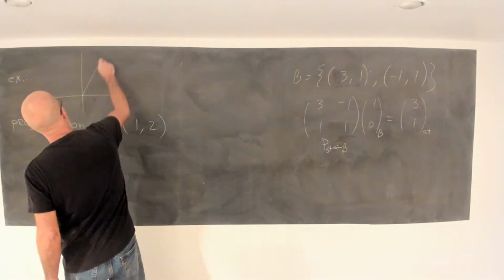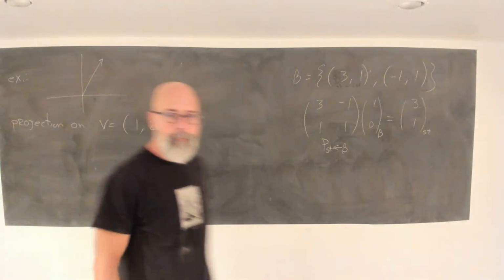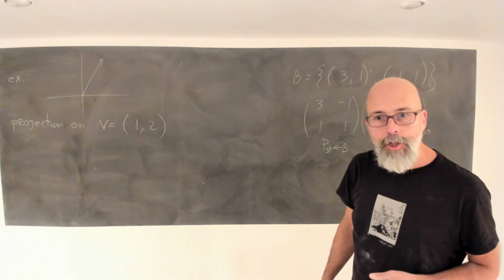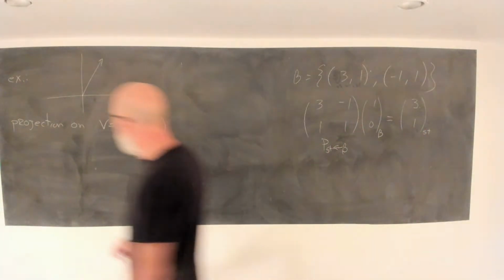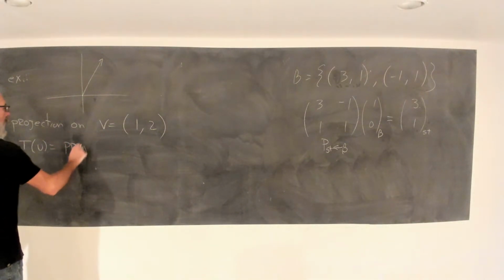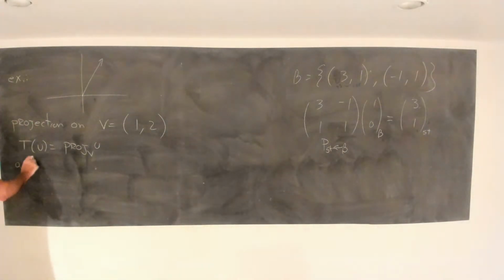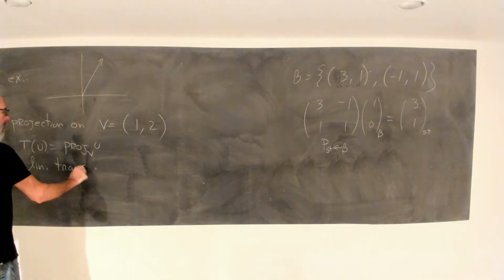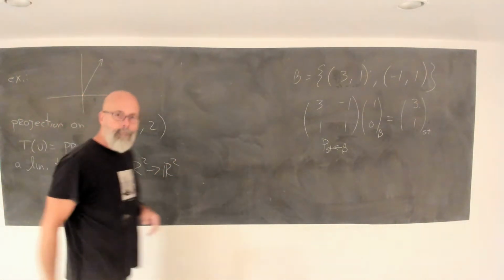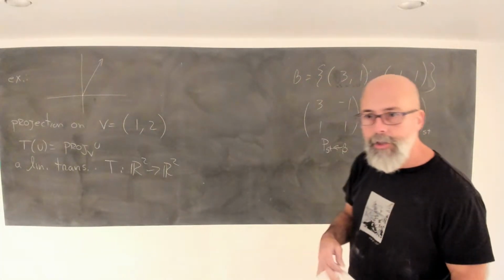So vector 1, 2, which is right here, say. And suppose you want to find a matrix representation for this linear transformation. So T of U is the projection of U onto V, a linear transformation from R2 to R2. I'll let you prove that's a linear transformation.